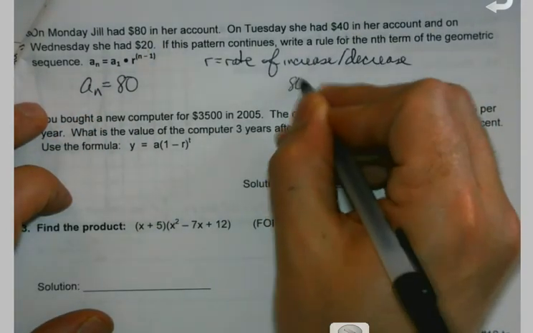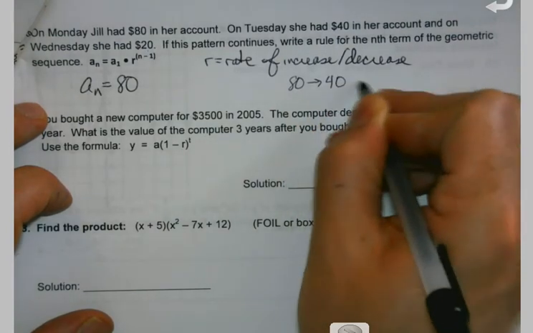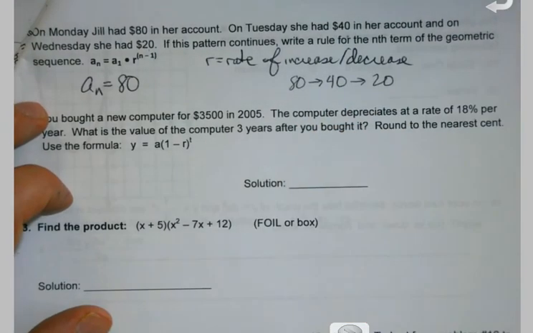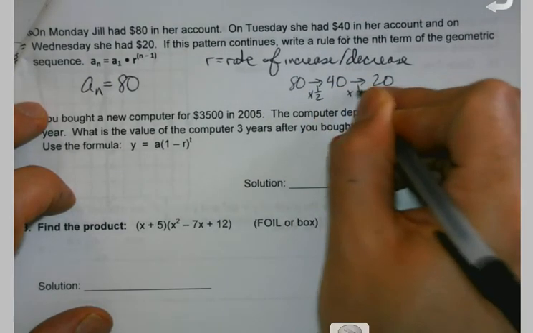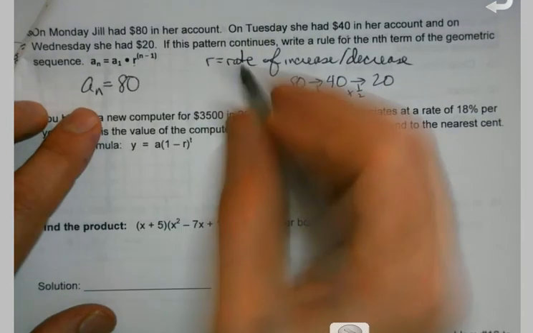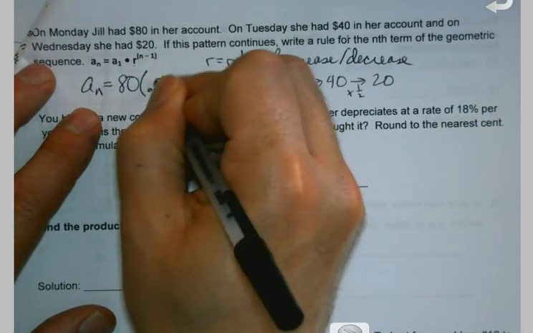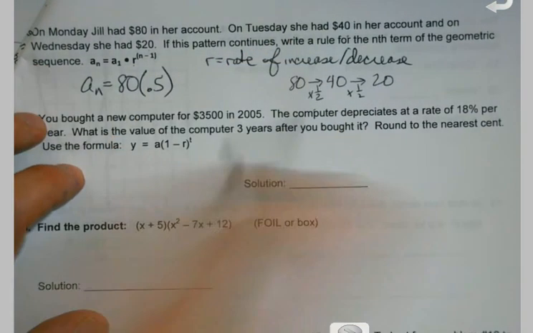So if you're going from 80 to 40 to 20, what's happening each time? I'm cutting it in half, right? 0.5. 0.5 or 1/2. So this R, I could call 0.5 or I could use the 1/2.